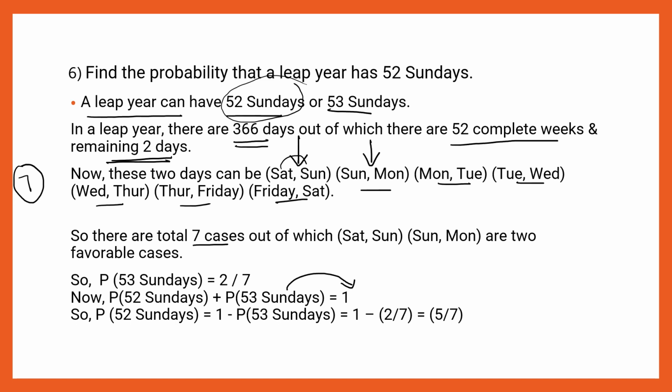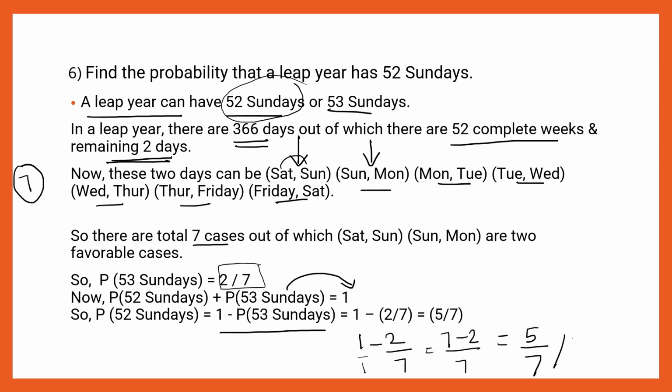It becomes 1 minus probability of 53 Sundays, which we just found as 2 by 7. So 1 minus 2 by 7, take LCM, then 7 minus 2 is 5 by 7. This is the probability that a leap year has 52 Sundays.